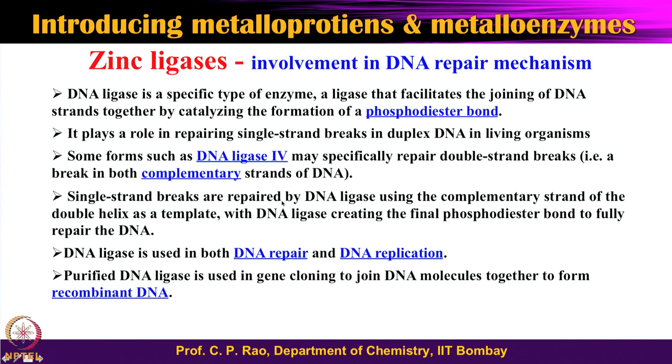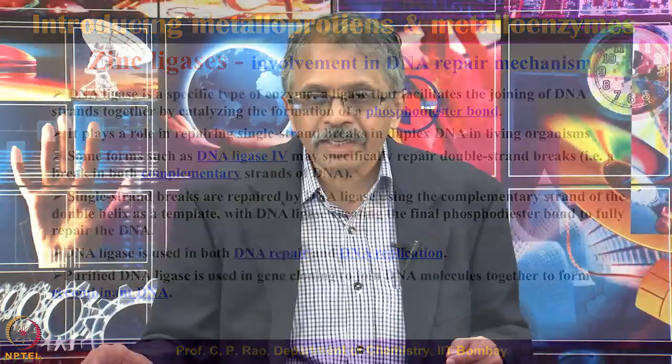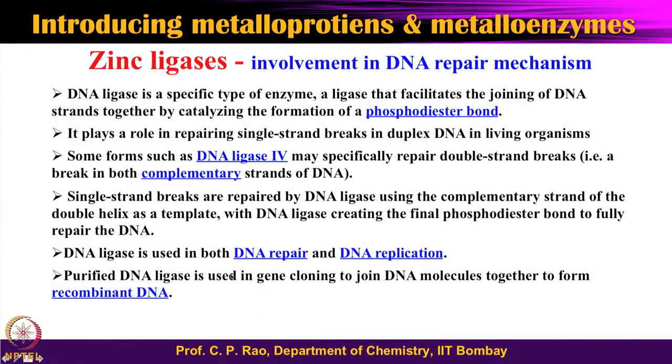So, as you know very well, in the body DNA cleavage keeps happening continuously, and the ligases act on this and repair. This can happen because of chemical assault, because of radiation assault, and sometimes UV radiation can also create this. So, DNA ligase is used in both repair as well as replication. Okay.